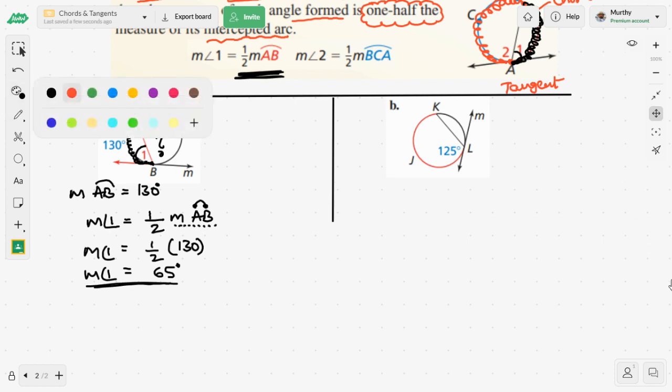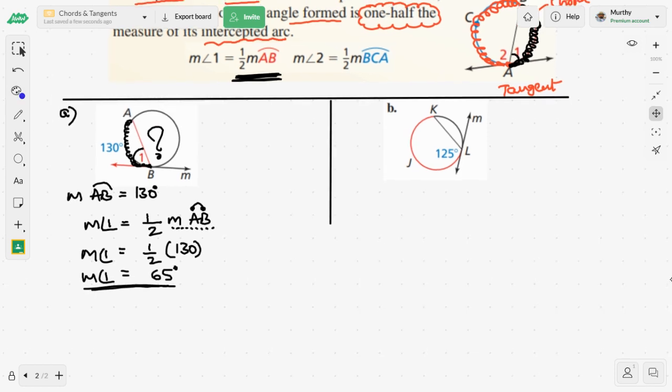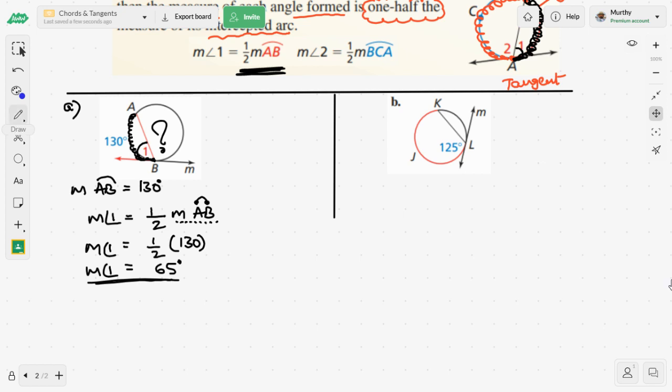Here, the confusing part is, first of all, you have to check which value is given. Is it the angle between the chord and the tangent, or the measure of the arc? Here I see that the measure of the angle is given and you are asked to find the measure of the arc.